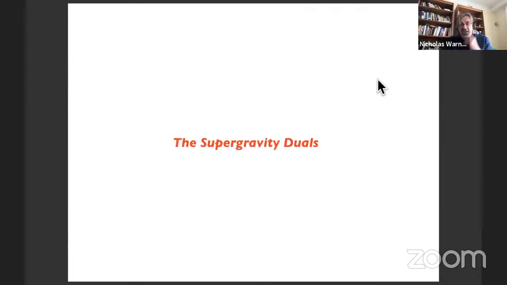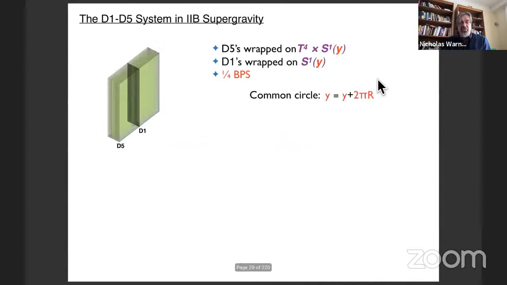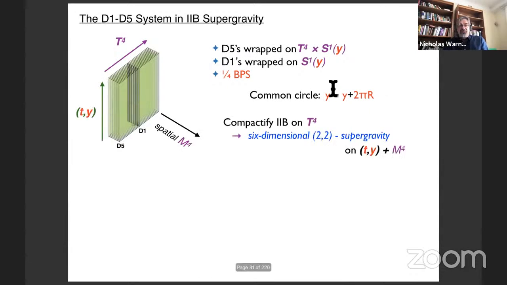But I'm going to go back. I've talked about the CFT. Now I want to talk about the supergravity. It's the same setup. We have a T4, which is going to completely disappear from the discussion. You can make it a K3 if you like, because you're going to compactify on the T4. At the end of the day, you have some 6-dimensional supergravity with 32 supersymmetries initially. We're going to pare that back because of the background of D1s and D5s.